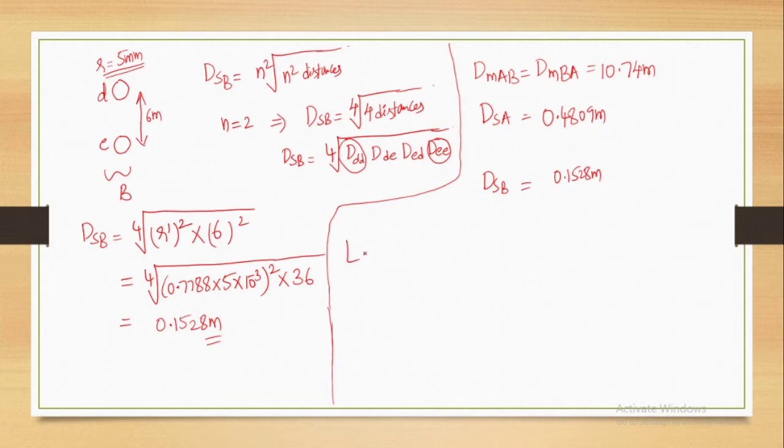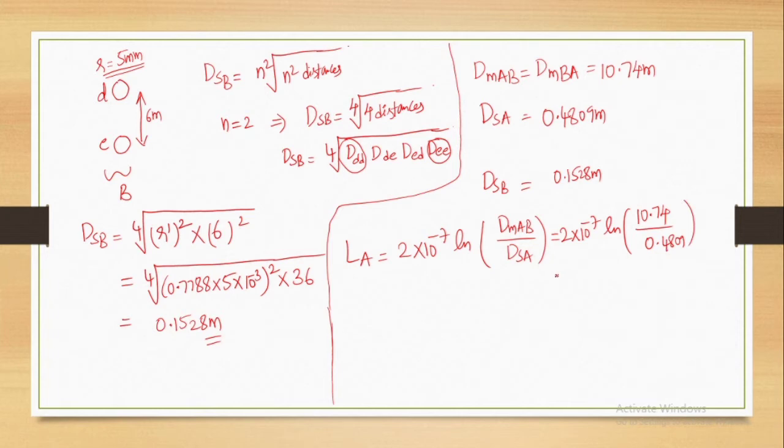Now find LA. Inductance of A side can be found by using the formula 2 into 10 power minus 7 ln of GMD by GMR. GMD is taken from A to B and GMR is taken for A side, because I want the inductance for A side. So it is 2 into 10 power minus 7 into ln of DMAB, which is 10.74 meters, and DSA is 0.4809.